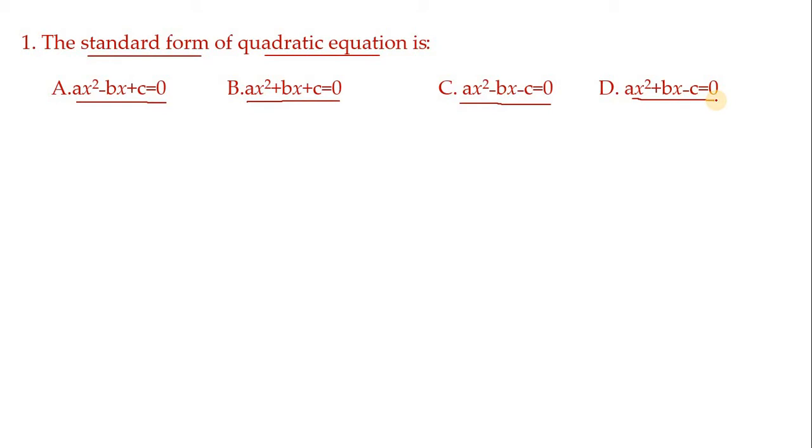Children, you all are familiar with the standard form of quadratic equation. In the upcoming examination, definitely there will be a question on it. Hence, it is very important. So, here the correct option is B. That is ax square plus bx plus c equals 0.